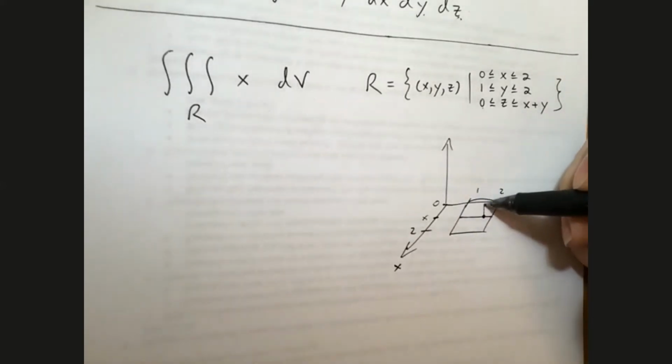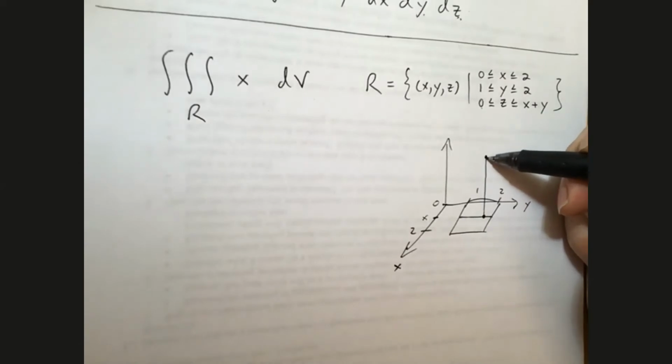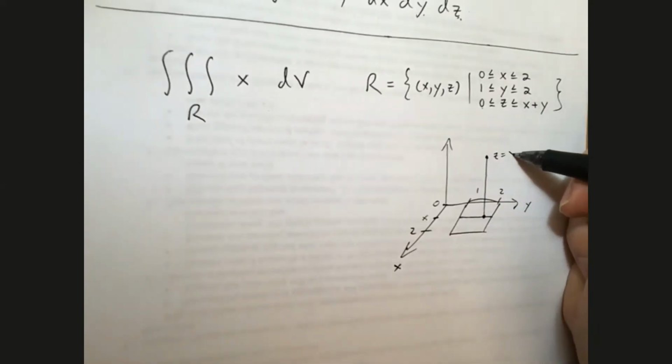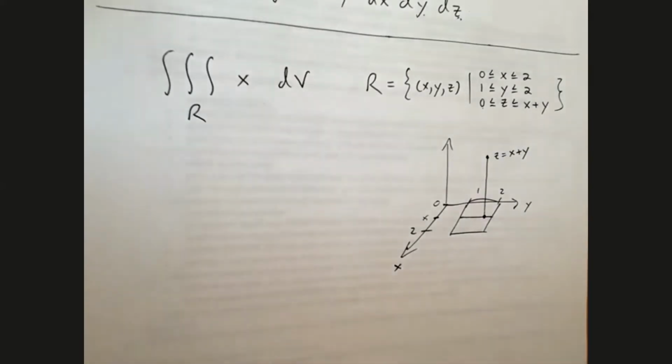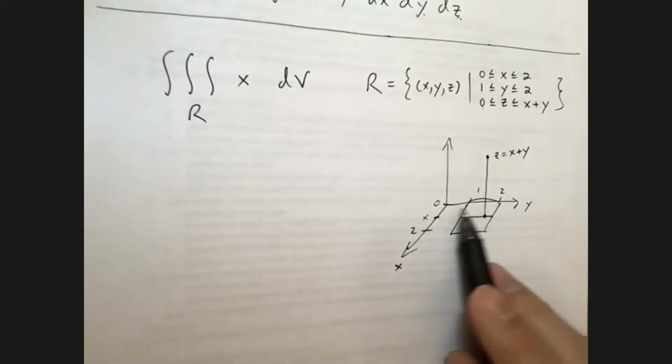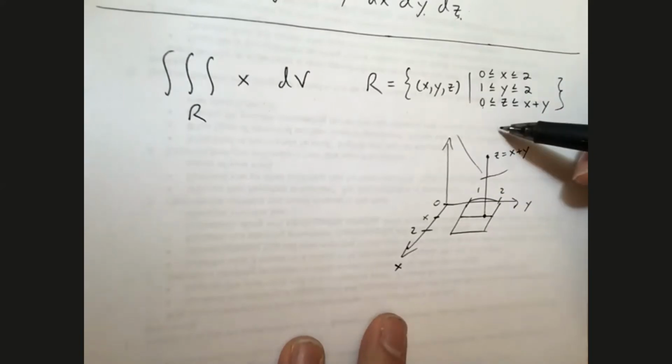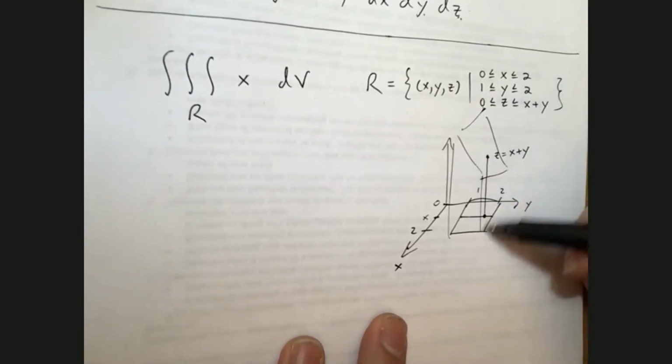So my z is going to go up to x plus y. And that's going to change depending on what my x and y values are. So I get this kind of slanted surface. I don't remember exactly how it was slanting, but I get some slanted surface up there.